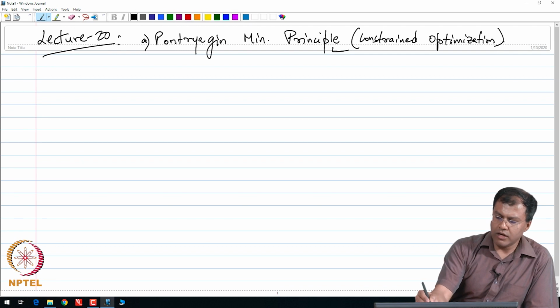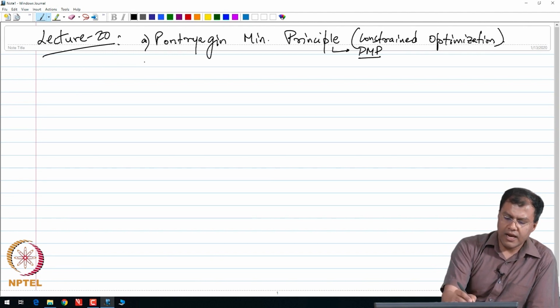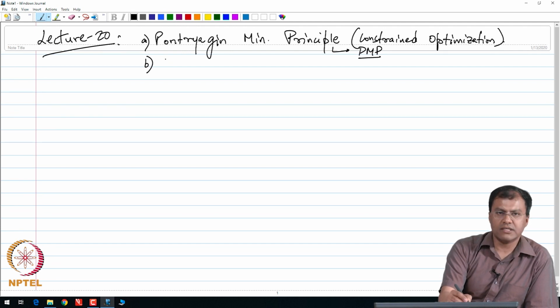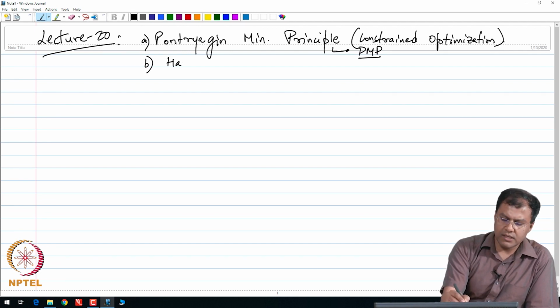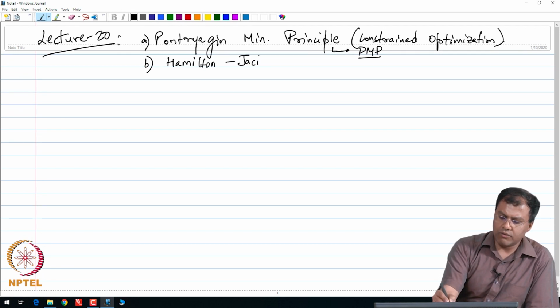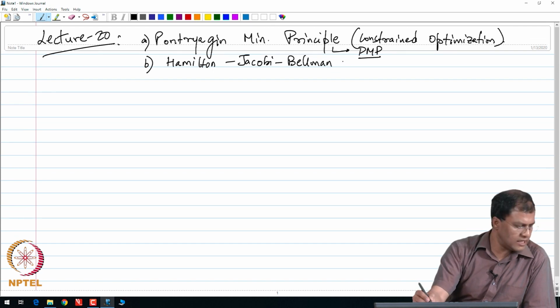I am going to denote this principle by the rule PMP. I am also going to discuss our derivation as well as the use of the Hamilton-Jacobi-Bellman equation. Notice that this equation will be very similar to our Hamilton-Jacobi equation, HJB.